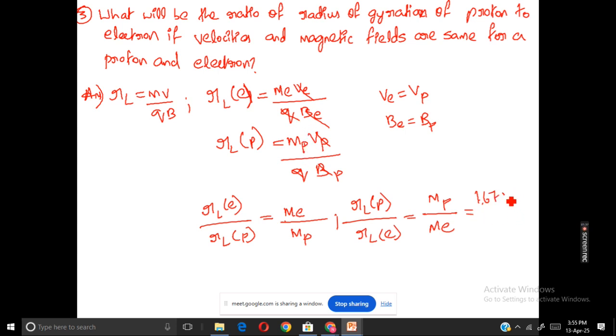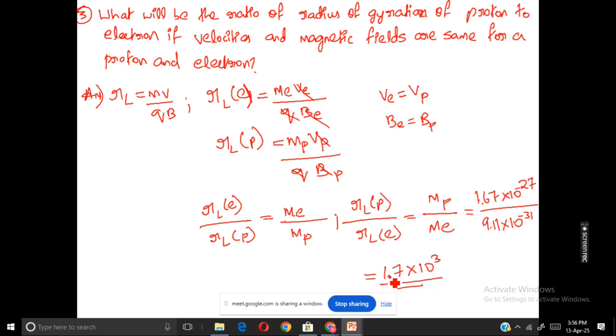So 1.67 into 10 raised to minus 27 is the mass of a proton, and 9.11 into 10 raised to minus 31 is the mass of an electron. So the ratio will be 1.7 into 10 raised to 3.